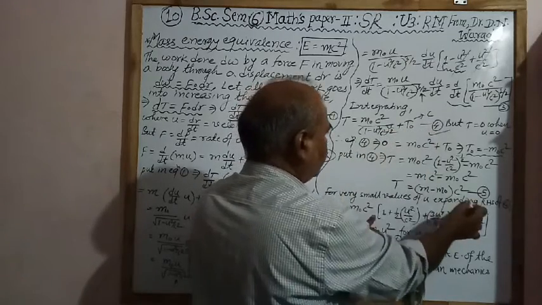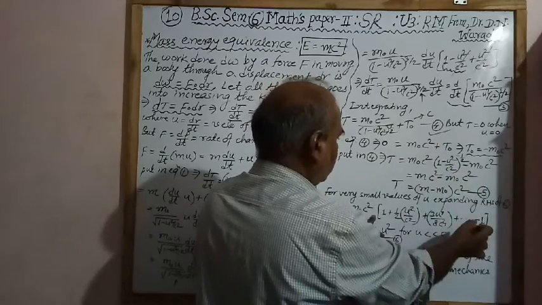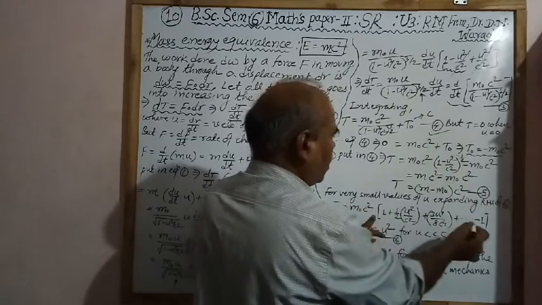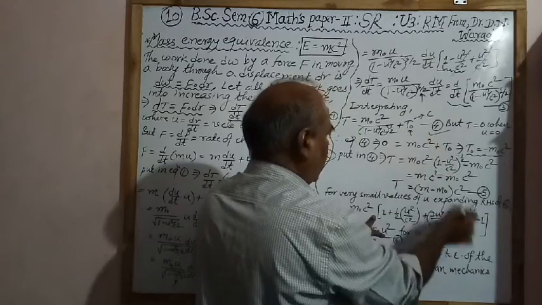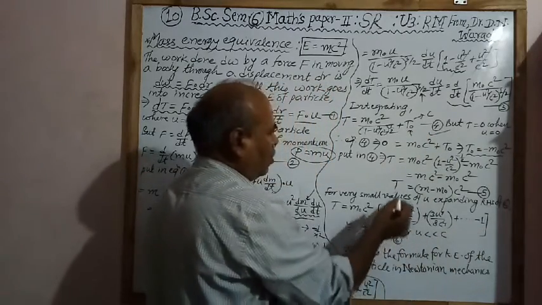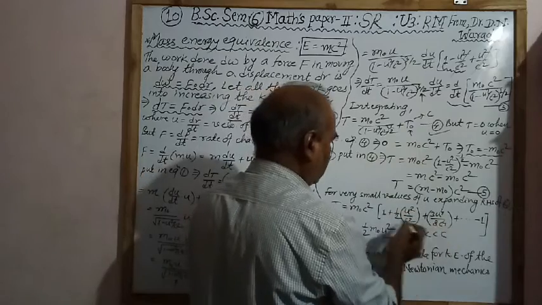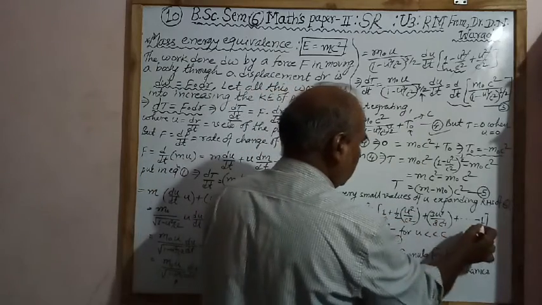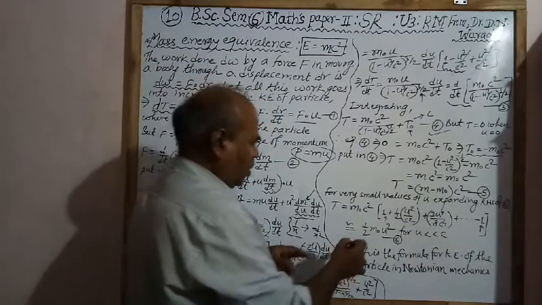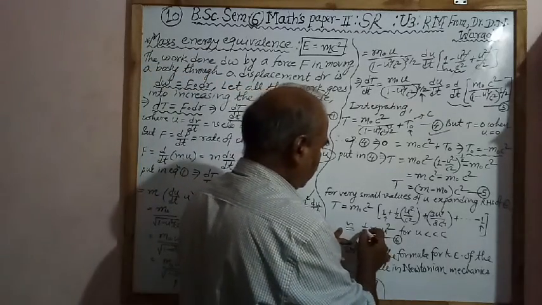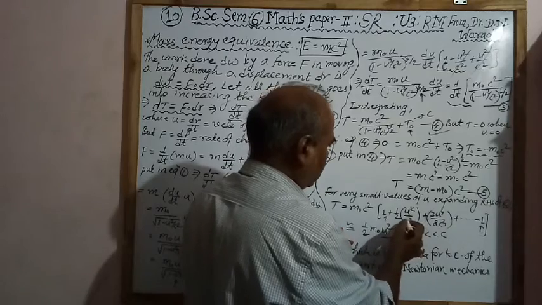Here t0 equal to minus m0 c square. Therefore m0 c square minus 1 here we get because t0 equal to minus m0 c square. Now expansion of this we get this. Now this 1 and minus 1 gets cancelled and this is equivalent to 1 by 2 into m0 u square.